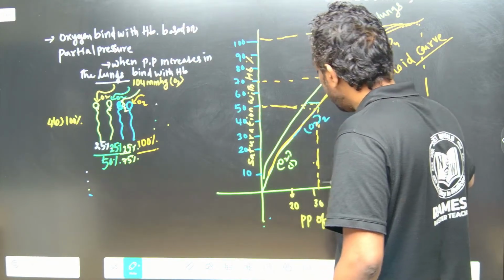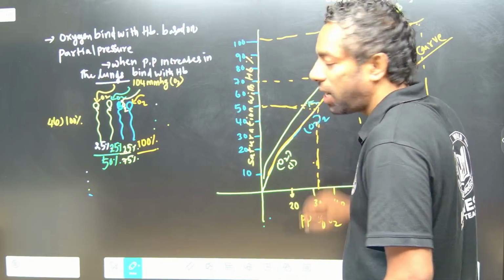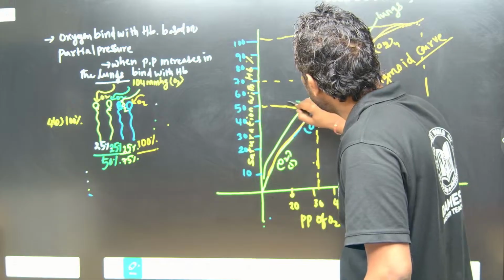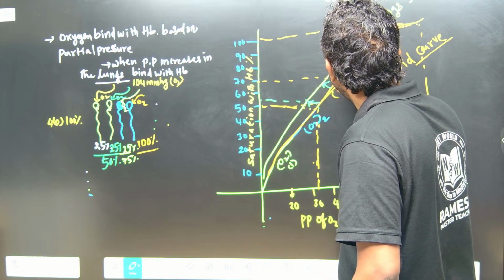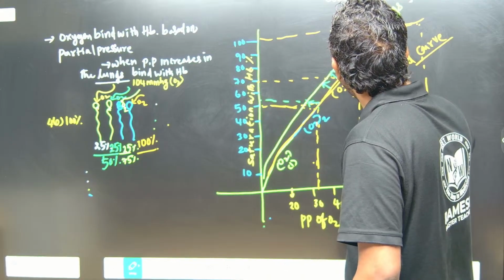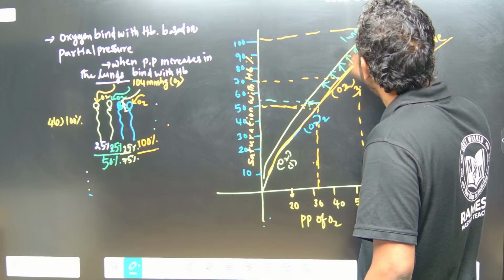If it is 30 partial pressure and the partial pressure increases to 50, 60, the curve moves towards the left in the lungs.